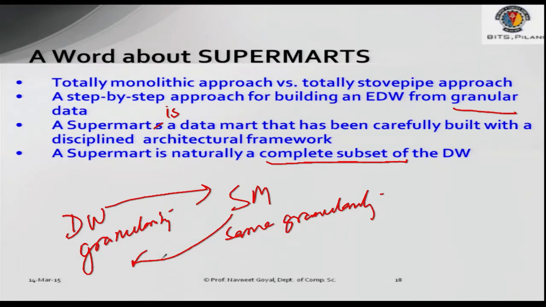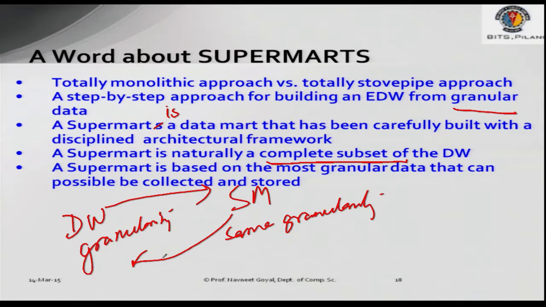So a supermart can be considered a subset of the data warehouse. And this is what I'm saying: most granular data that can possibly be collected, sorry for the typo, and stored. So this is the main difference between a supermart and a data mart.